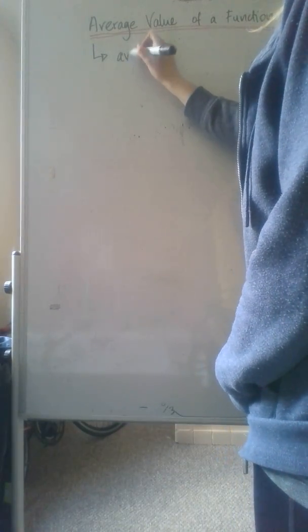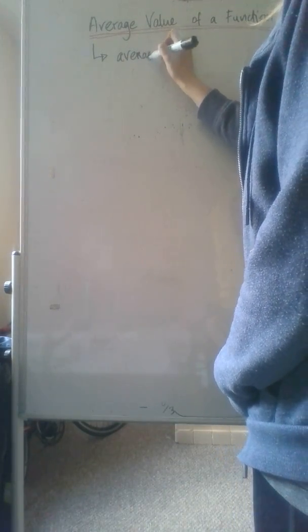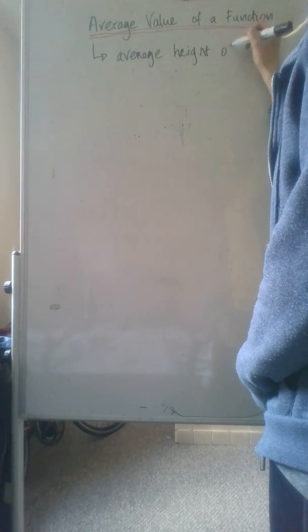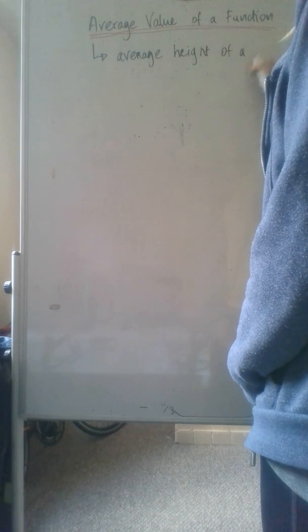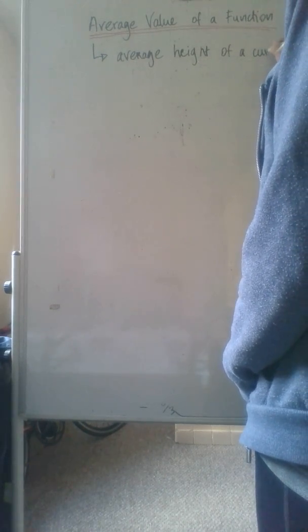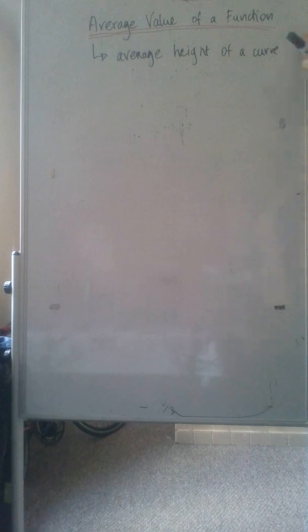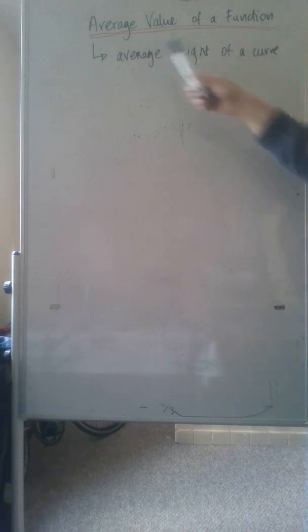is the average height of a function, or of a curve, of a line, of a function on a graph. The average height is kind of what it says on the tin.